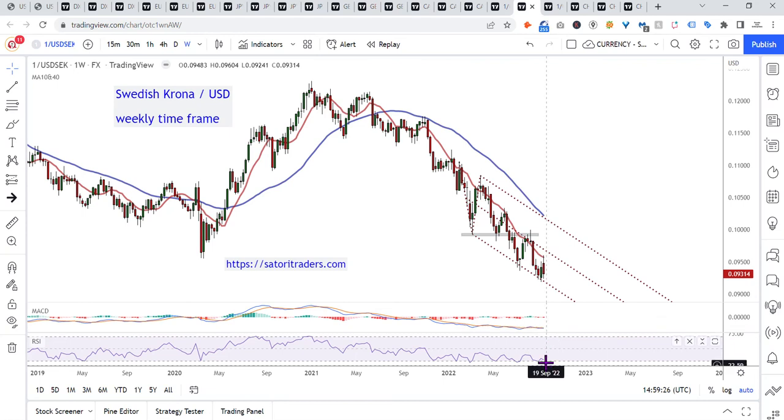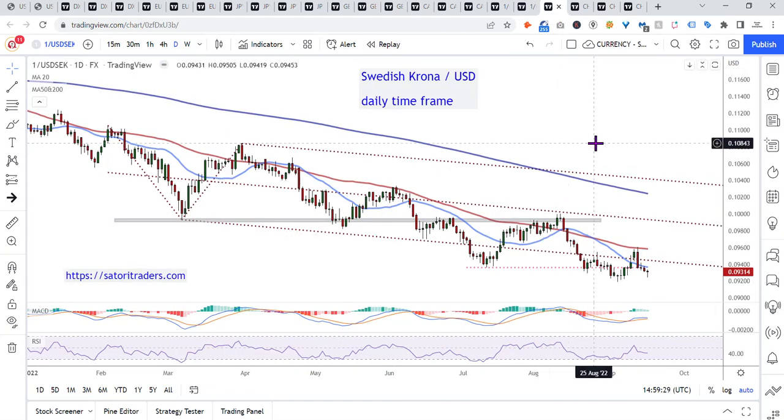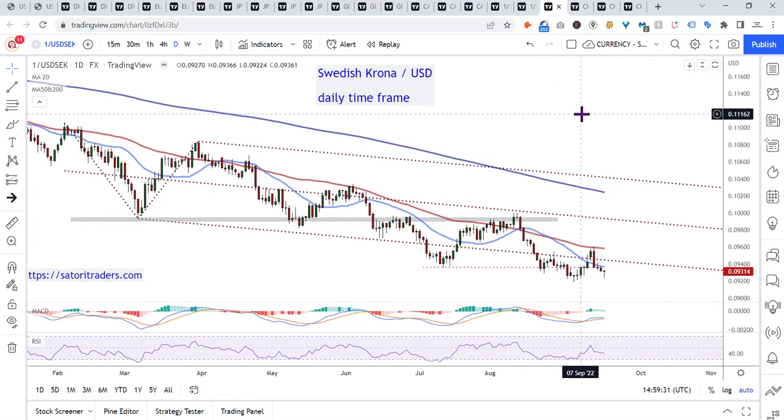MACD in bear mode on a sell signal, energy is very low. Got a little bit of a bounce last week, ran into the 50-day moving average and rolled over. MACD in bear mode, but currently on a buy signal, energy just above or just below mid-range. So not sure what caused this strength in the krona.